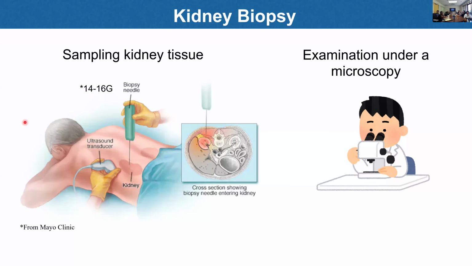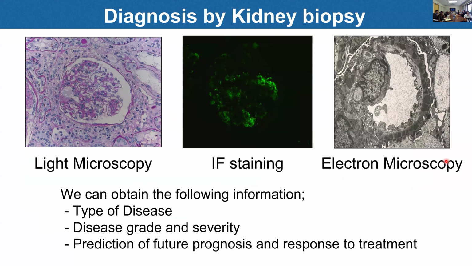After collecting the kidney tissue from the patient, nephrologists and pathologists examine the tissue samples under the microscope. So we observe the kidney biopsy sample in multiple ways, including light microscopy, IF staining, and electron microscopy. The methods of light microscopy and IF are almost the same as for the mice that we usually work with.